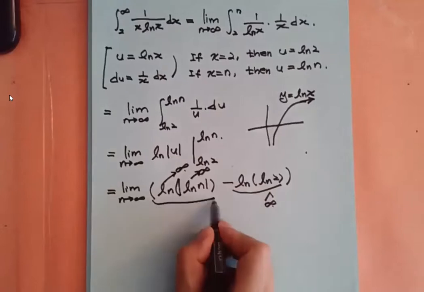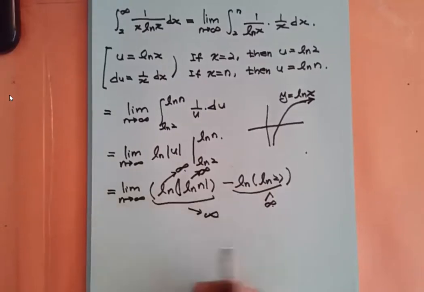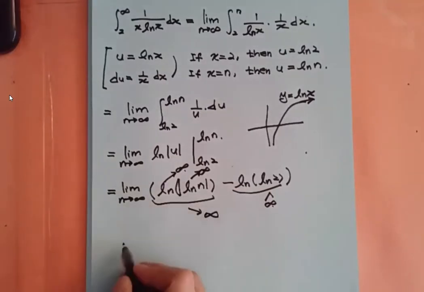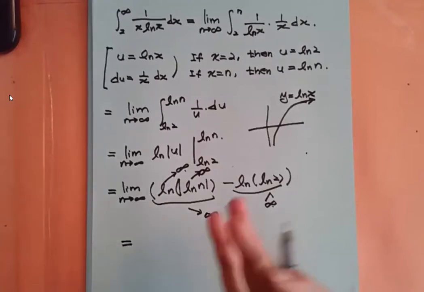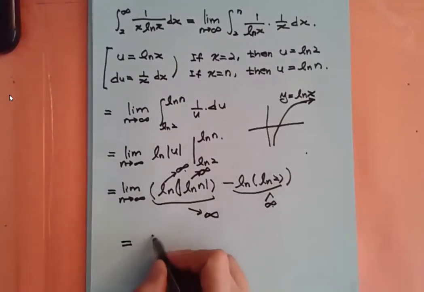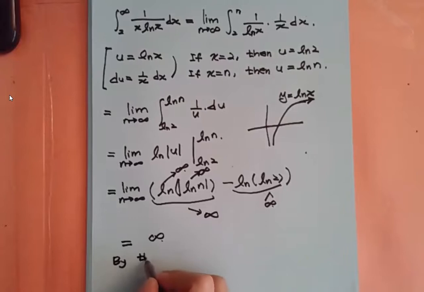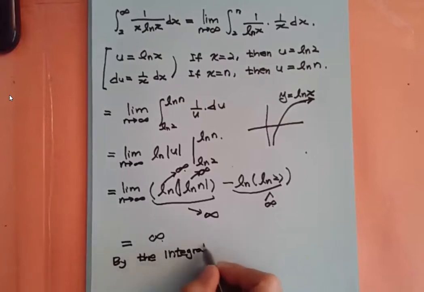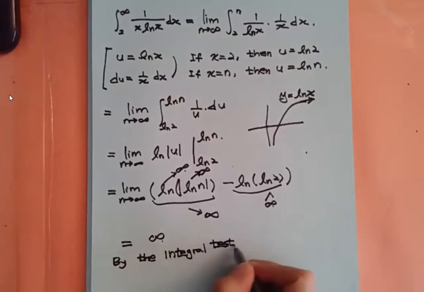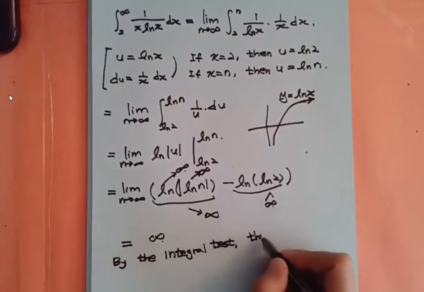So the entire thing will go to infinity. And so when we subtract the finite number, that still becomes infinity. So we can say that by the integral test, the series diverges.